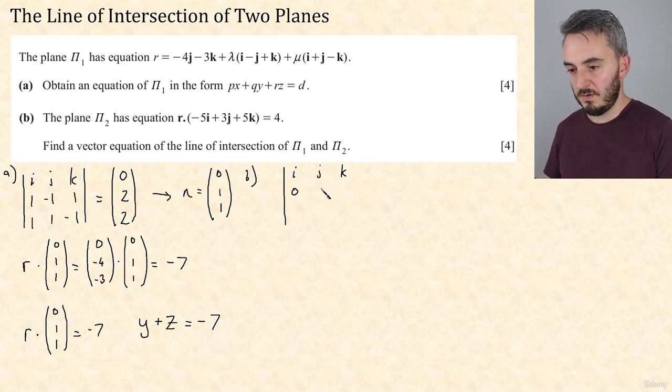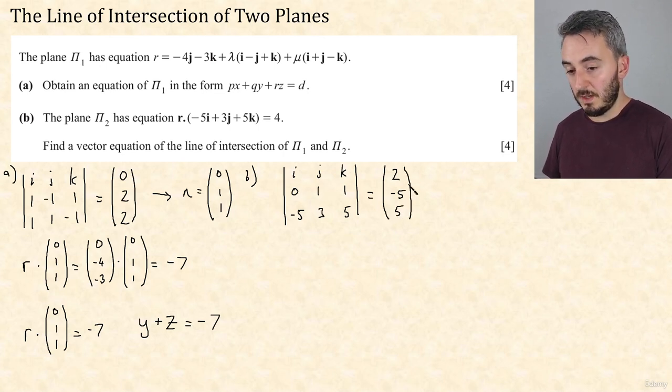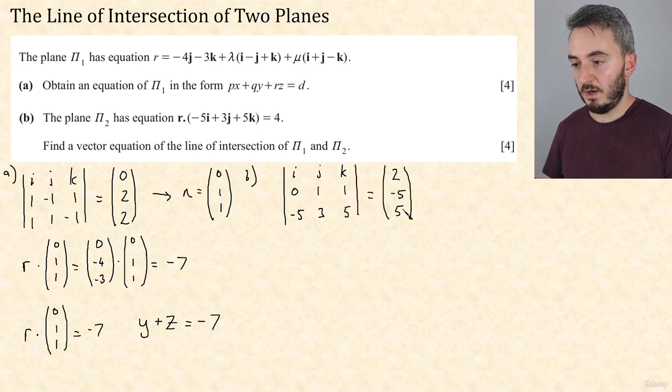So that's 0, 1, 1 and minus 5, 3, 5. So i times 5 minus 3, that's 2. Minus j, we've got 0 plus 5, so that becomes minus 5. And then k is 0 minus 5. So that's the direction vector of our line of intersection.